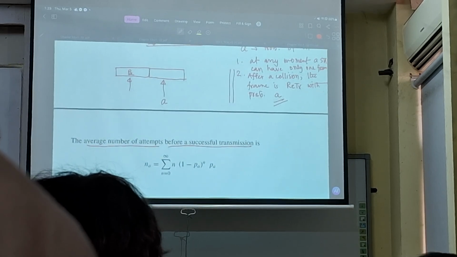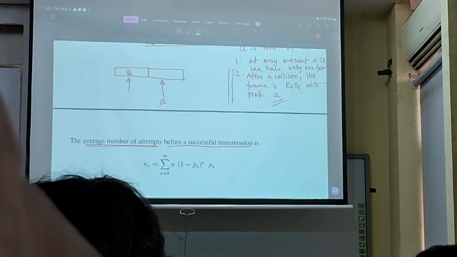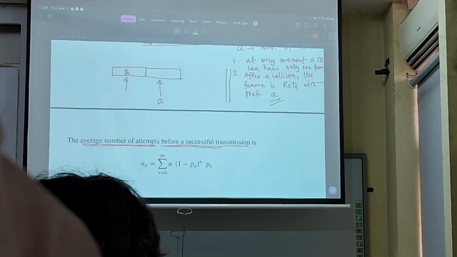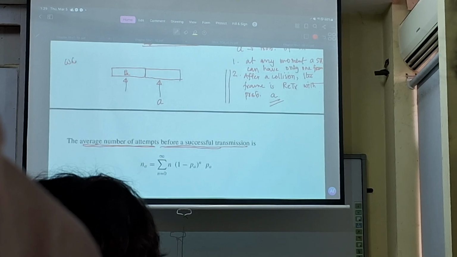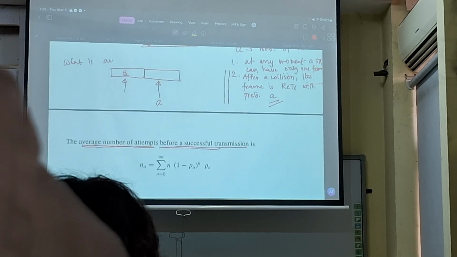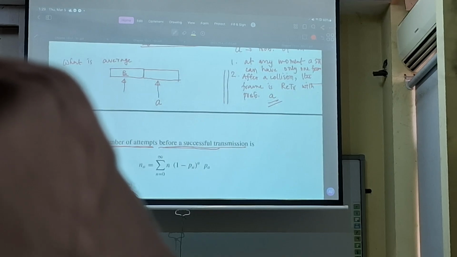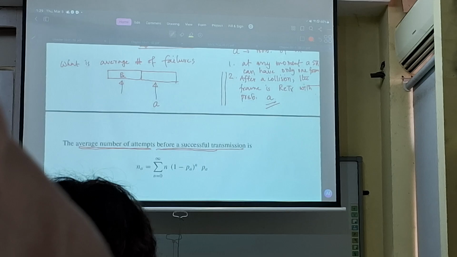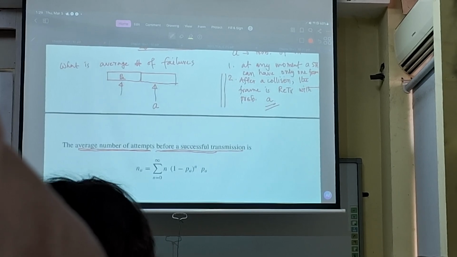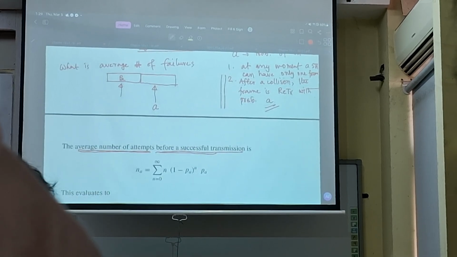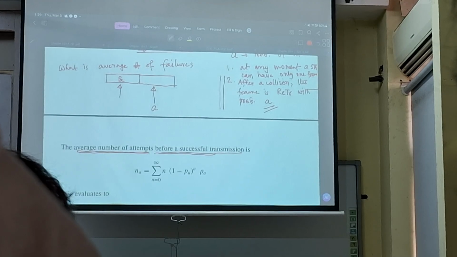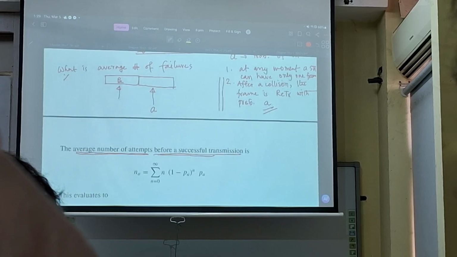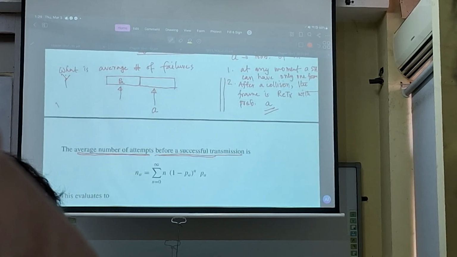Now, what is the average number of attempts before the successful transmission? Meaning, what is the average number of failures before a successful transmission? Let's say the number of failures before a successful transmission is Y. So what is the distribution of Y?